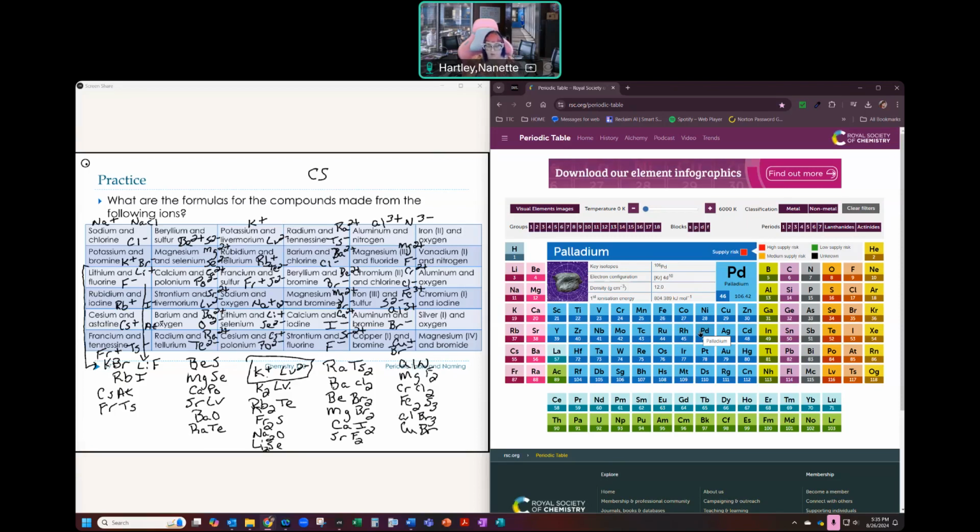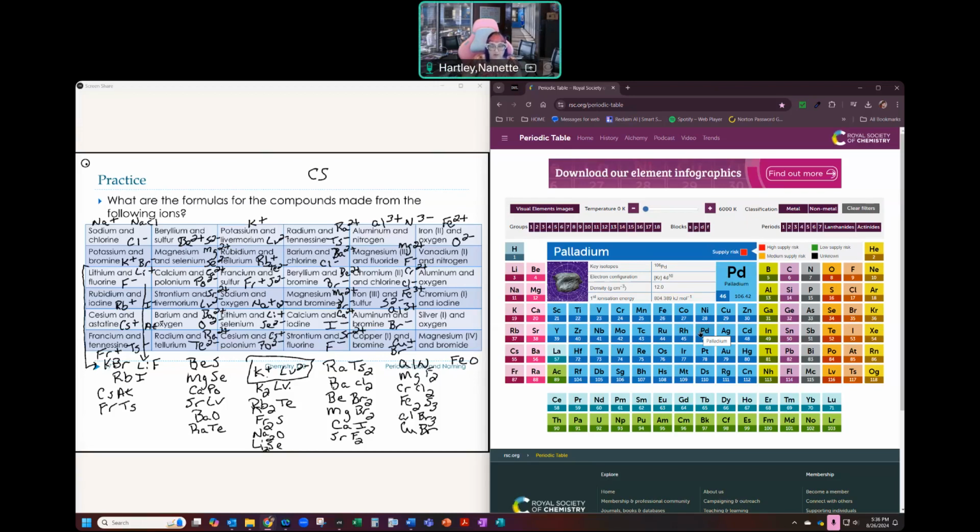Okay, again, 1 of each. All right, last column. I have iron 2. So iron is again Fe. He's a 2+, and oxygen, which is 2-. So FeO. Since I have the same charge, I only need 1 of each.